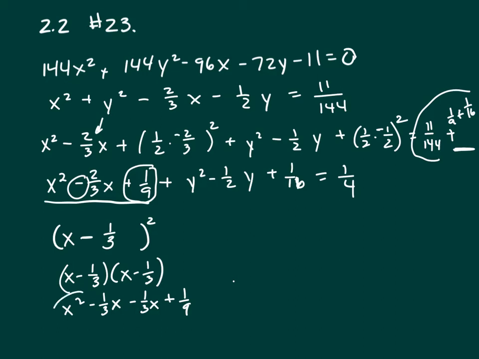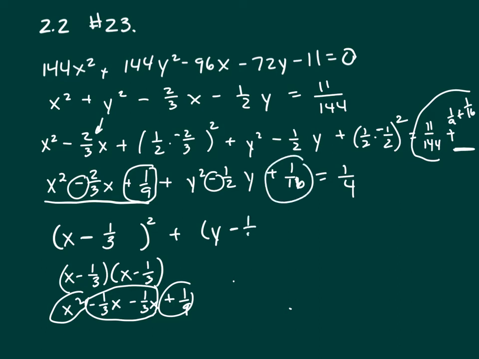So there's your x squared, and there's your negative 2/3 x, and there's your 1/9. So this other one's going to be a y, bring down whatever sign that is, square root of that, squared. And that was what your question was about, how you factor with fractions.